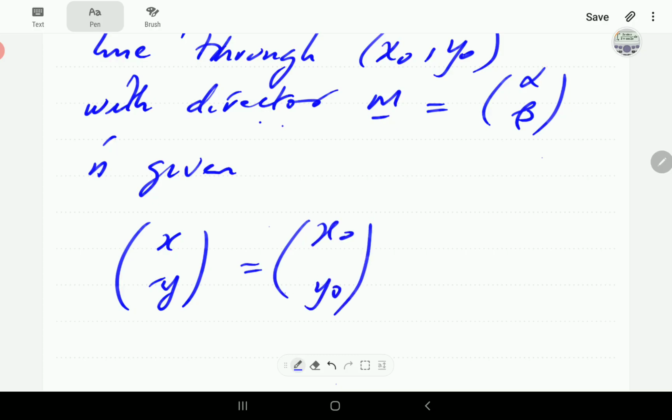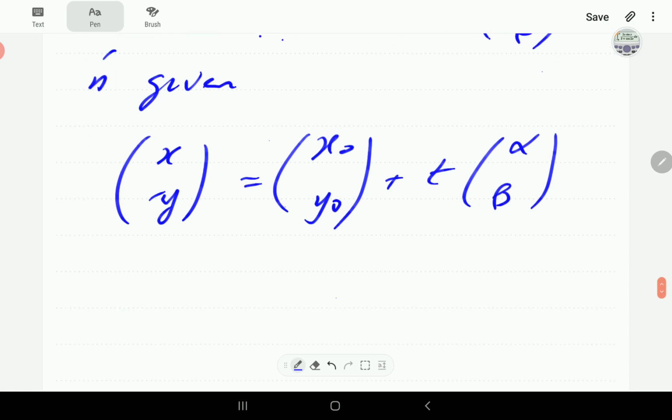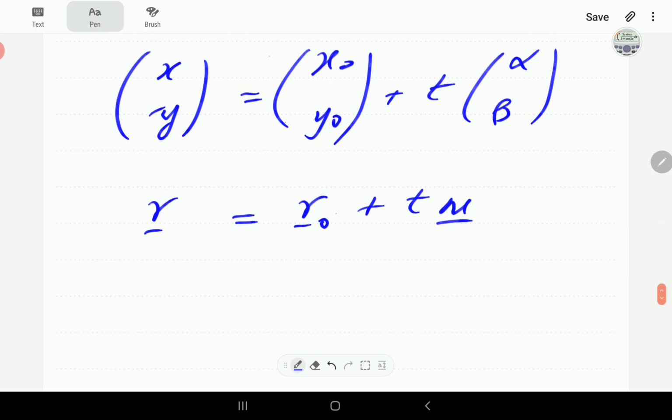So this is a point on the line, t is the parameter, and that's the direction vector. Compactly, this is r, this is r0, this is m. So that's going to be your vector form.